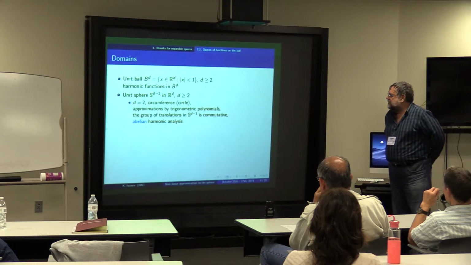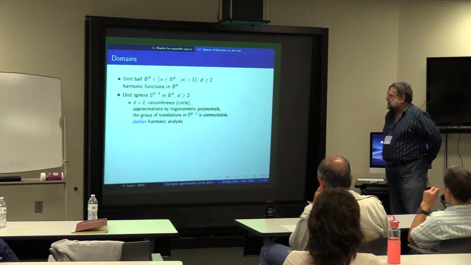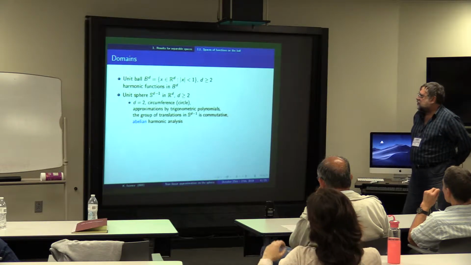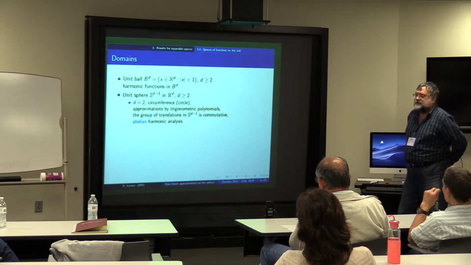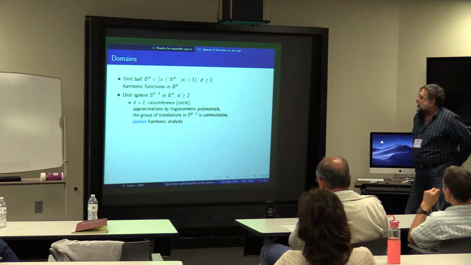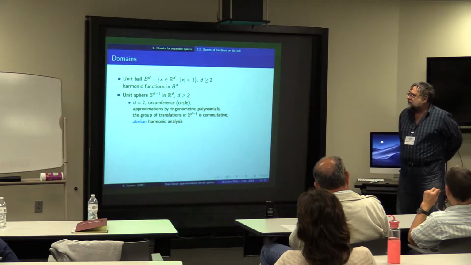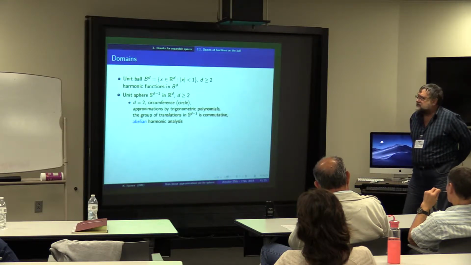From one side, I'm going to consider the sphere in dimension 2, which is the circle. On the circle, we approximate by trigonometric polynomials. What is important, the group of translations on the circle is commutative, so we have abelian harmonic analysis.